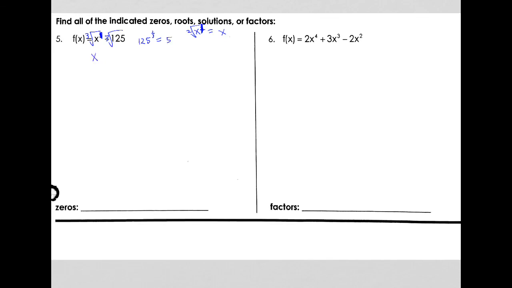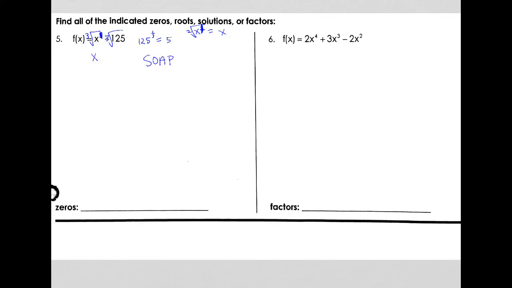There's an invisible 1 in front of the x, and when you take the cubed root of that, it would be a 1, and thus it would be a 1x. Take the cubed root of this, or again, the 1/3 power, and that's equal to 5. And so now that I realize that it is, in fact, the difference of two cubes, now I can set up my SOAP. So remember SOAP.